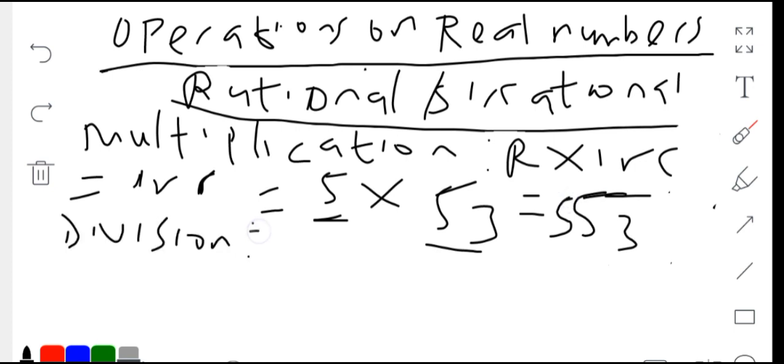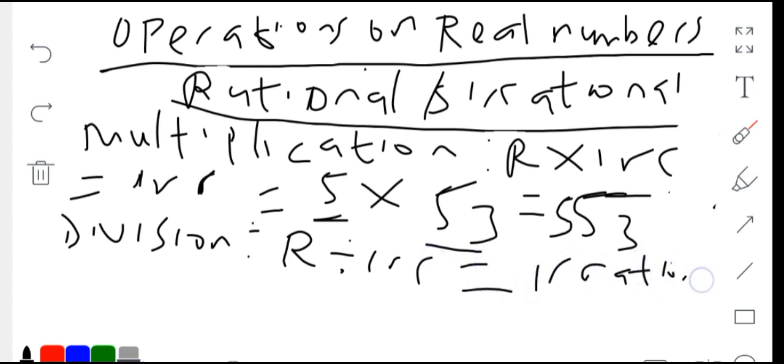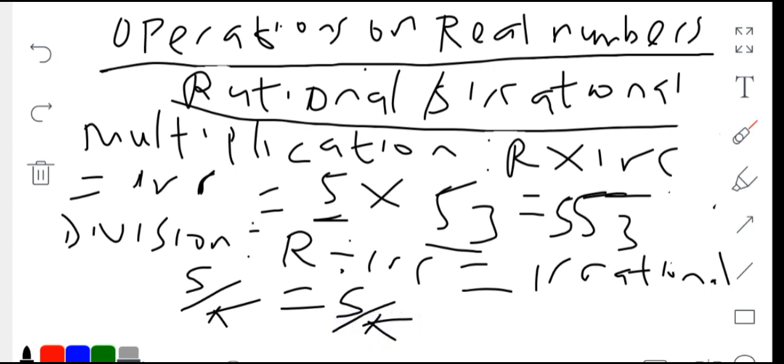For division, a rational divided by an irrational will also always give us an irrational number. Let's test it. Let's say we have 5 divided by pi. It will still give us 5 divided by pi. We cannot solve it further, which is irrational.